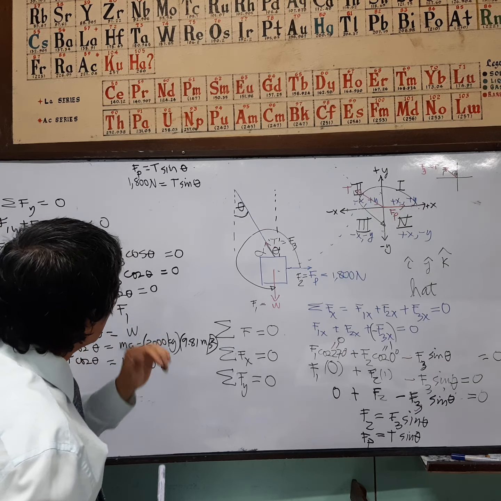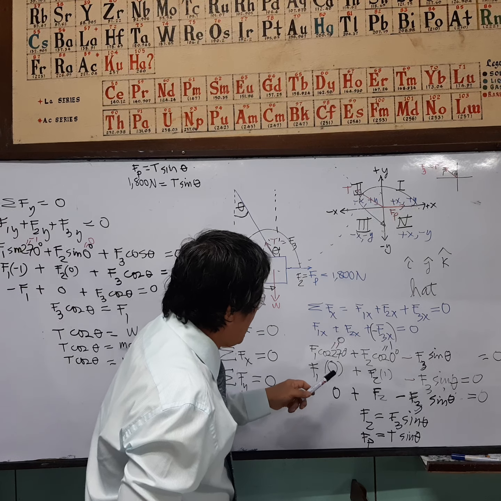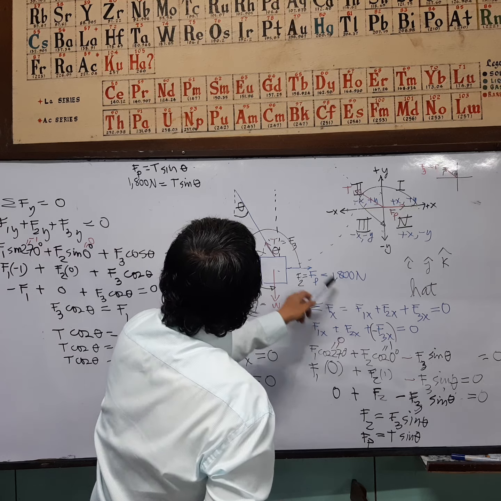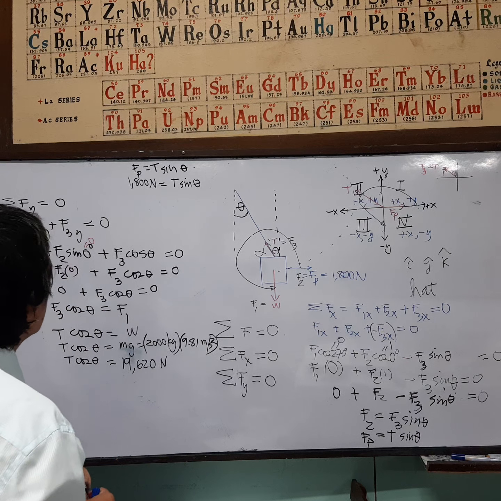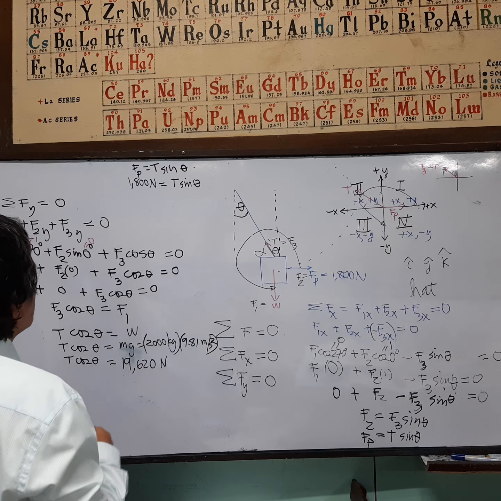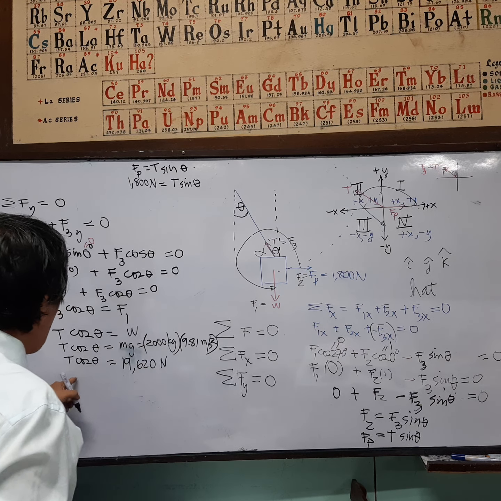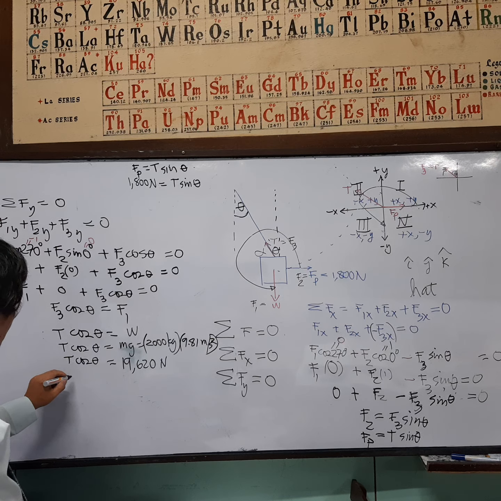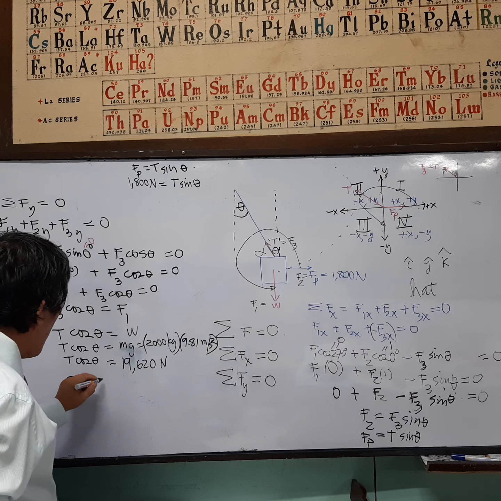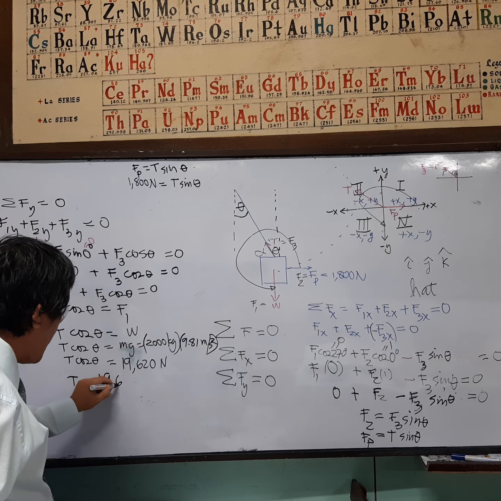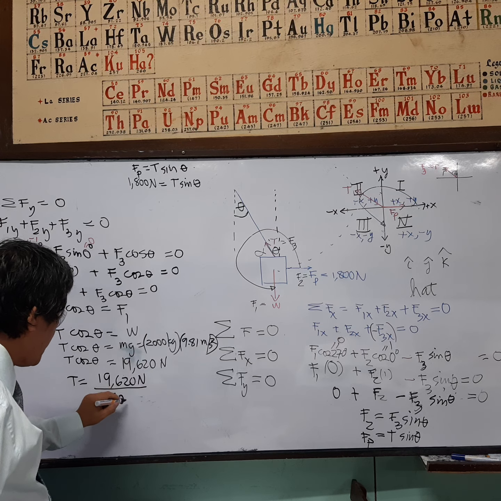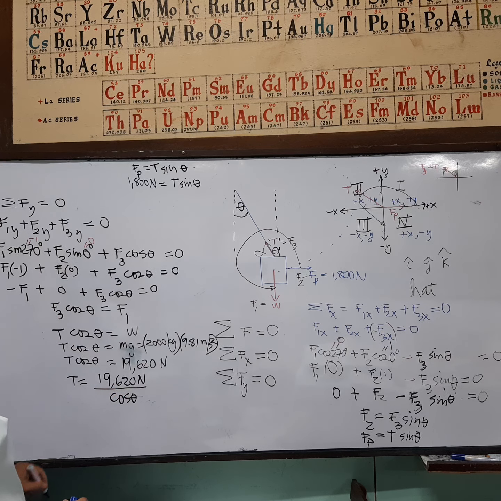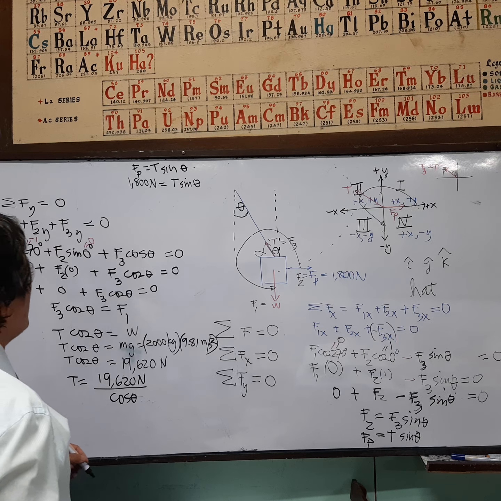You get that? 1,800 is given in the problem. And so, from here, we have the tension equal to 19,620 newtons divided by cosine theta. That's the tension.